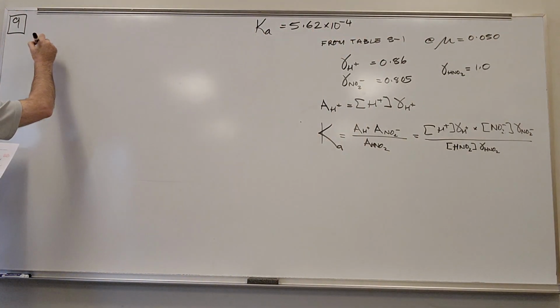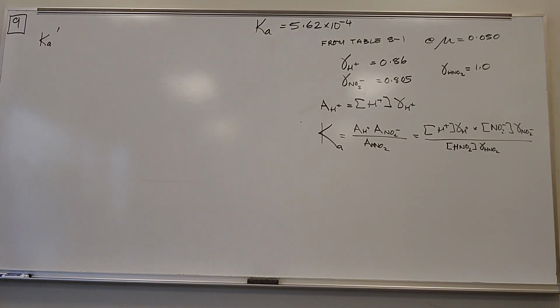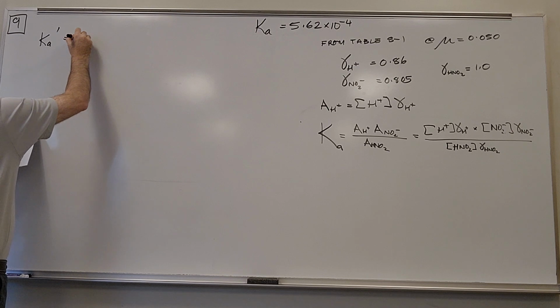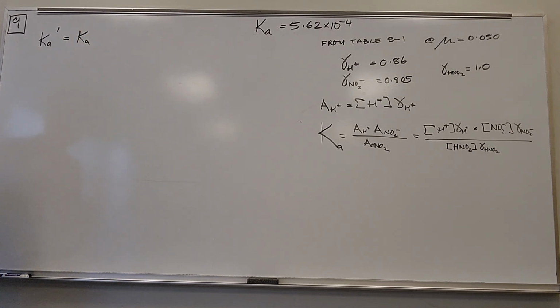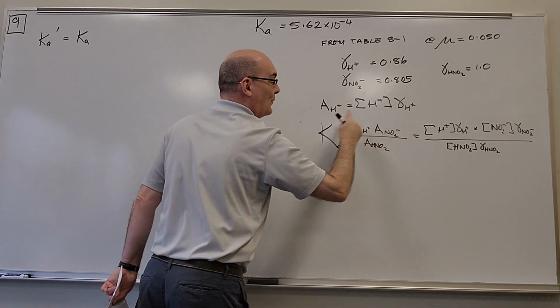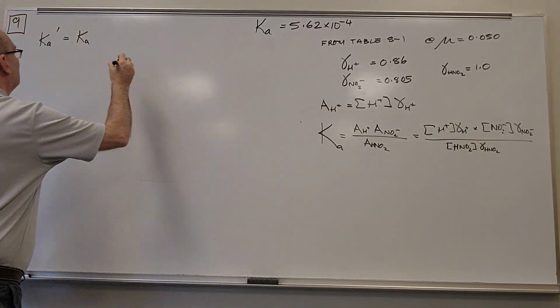Our new value for Ka, the one based on activities, is the original Ka multiplied by the coefficient of H plus and NO2 minus, cross them over. Oh my god, that's awesome.